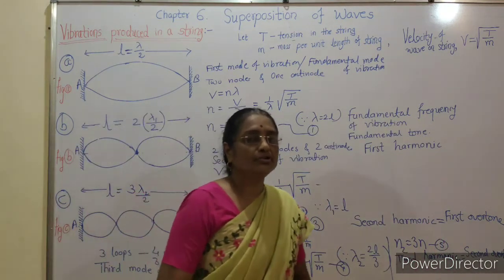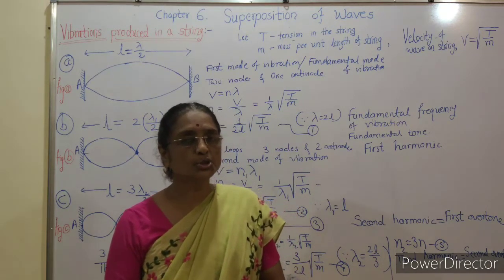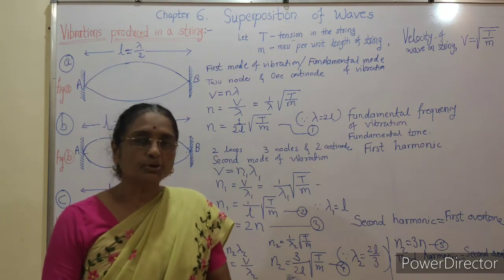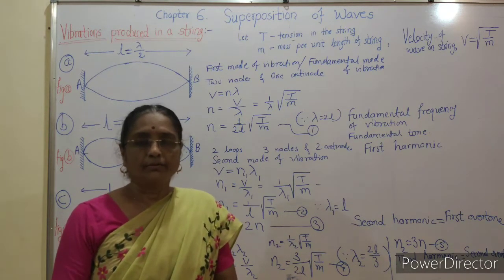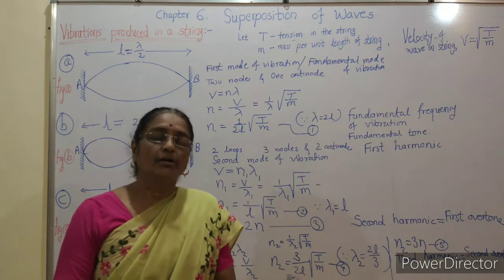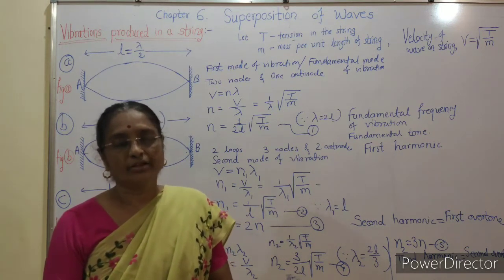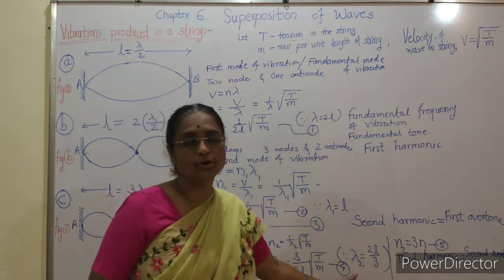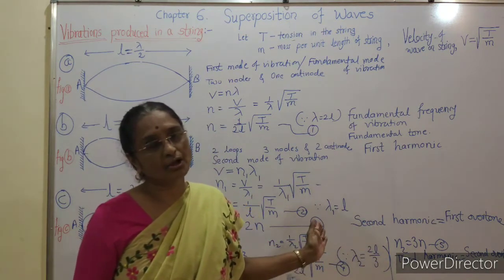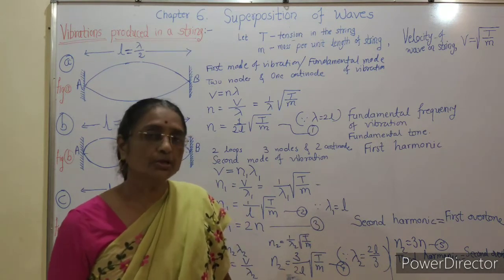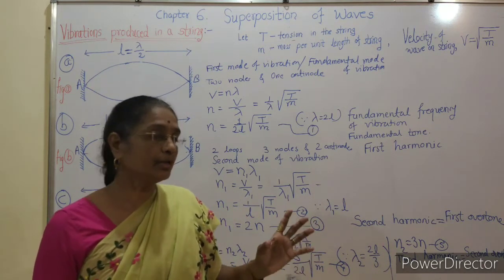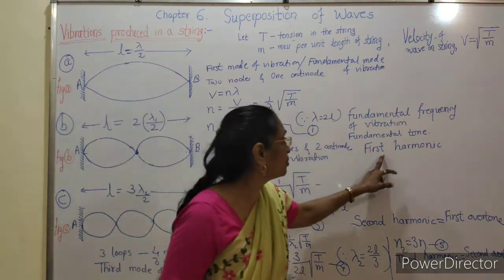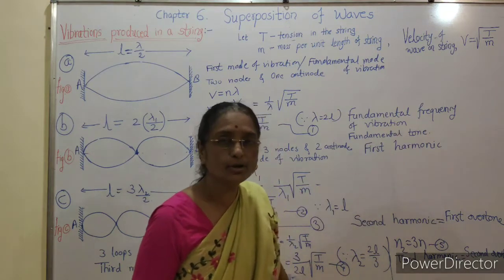The terms harmonics and overtones are used in case of vibrations which produce stationary waves. If the waves are transverse or longitudinal, if there are a number of modes of vibrations, a number of harmonics are present, and harmonics are also called overtones, but the numbering is different. In this case of a stretched string, the first harmonic is called the fundamental tone.